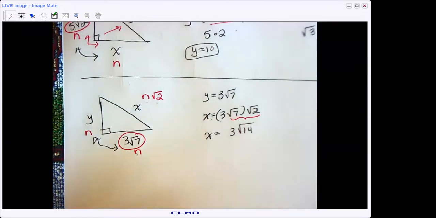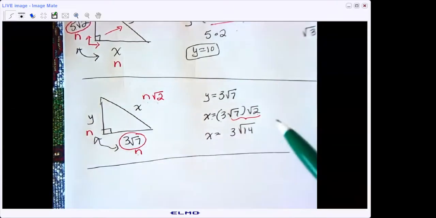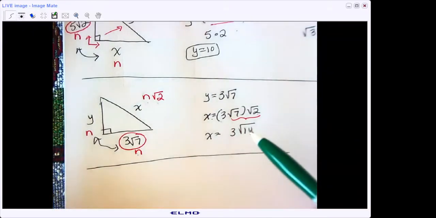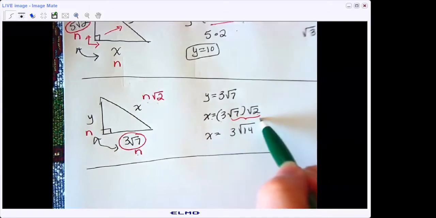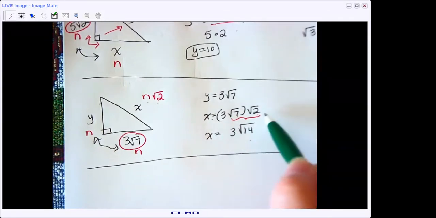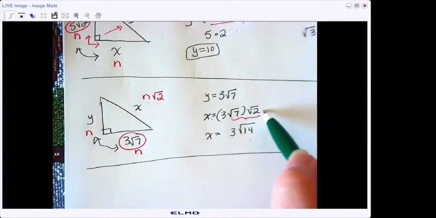So this might be new for some people, and I appreciate that. So we get 3 root 14. That's one reason it's also important to show your work, because if I see this and then you have a wrong answer, this was the most important part right here. To me, the answer is not as important as the process.